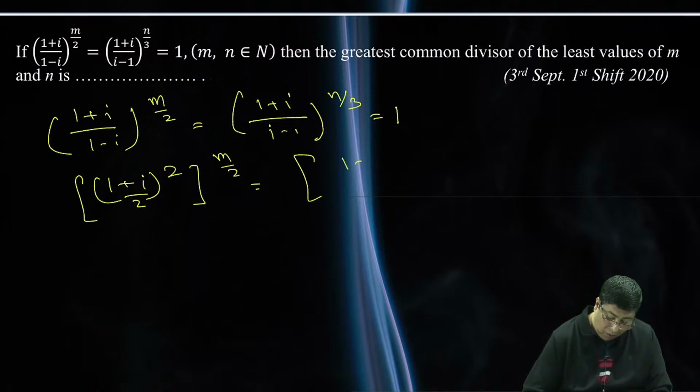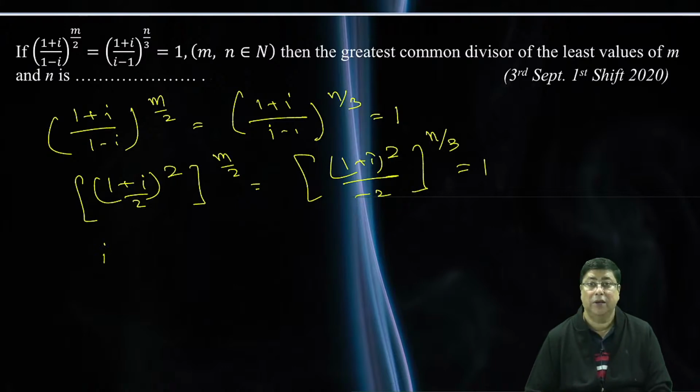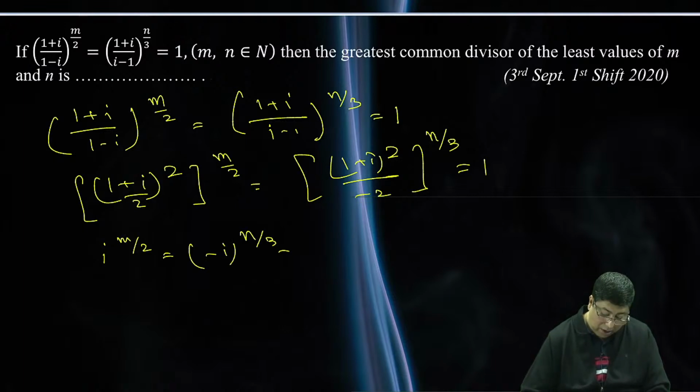Similarly, 1 plus i whole square by minus 2 whole to the power n by 3 equal to 1. Therefore, 1 plus i whole square means 2i, so i to the power m by 2 equal to minus i whole to the power n by 3 equal to 1, means i to the power 4.